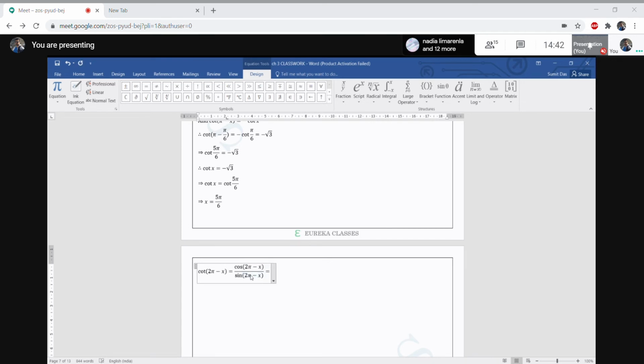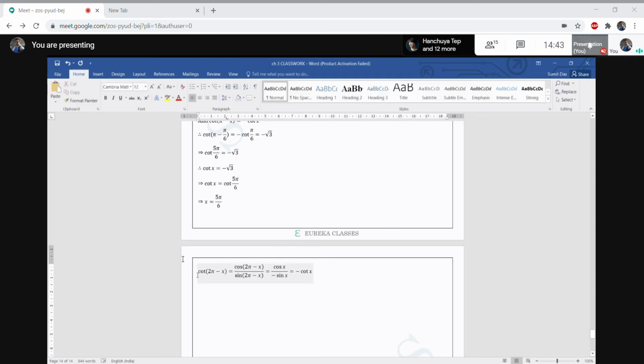So cos(2 pi minus x) is cos x, divided by sin(2 pi minus x), which is minus sin x, which is equal to minus cot x. Okay, so what we got: cot(2 pi minus x) is also equal to minus cot x, right?